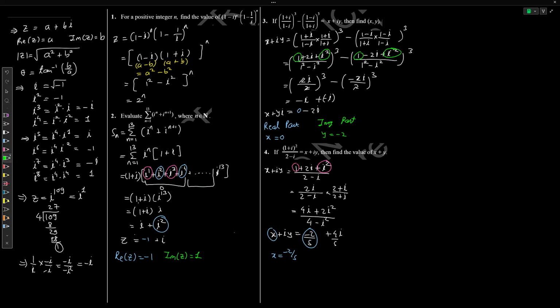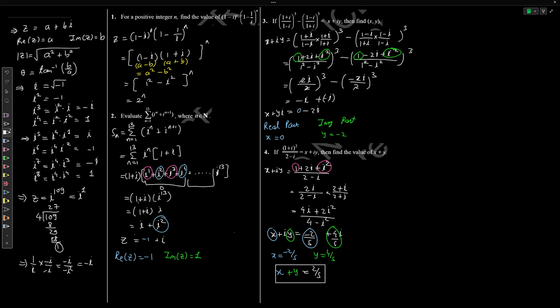And by comparing imaginary part, we get y equal to 4 by 5. So we can say x plus y must be minus 2 by 5 plus 4 by 5, which is 2 by 5. Ta-da! Got it? Any problem?